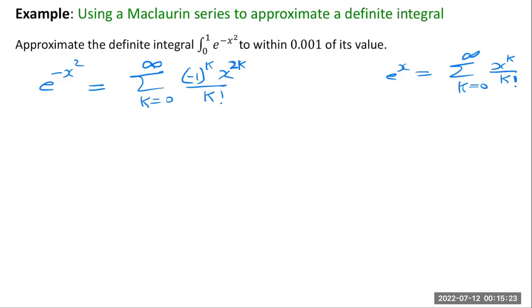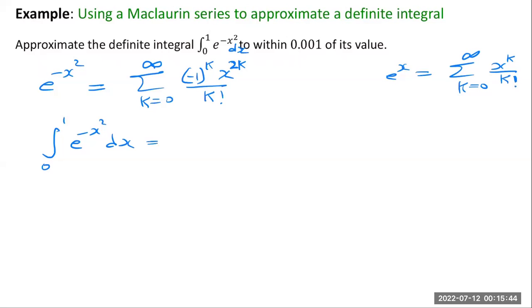Now I can go with my theorem. Remember, I wanted to integrate this function; I wanted to find an approximation. This is going to be equal to the integral from 0 to 1 of e to the power minus x squared dx. Here dx is missing, it's a typo.